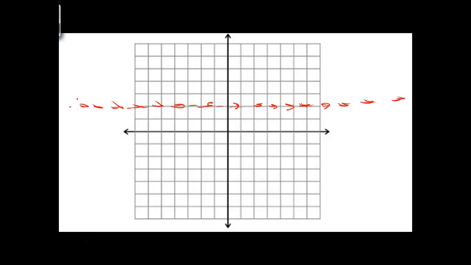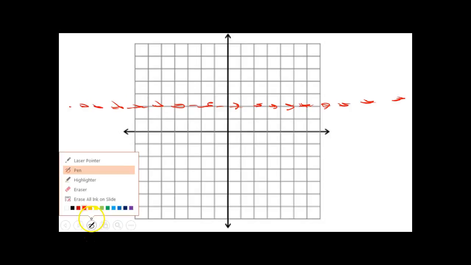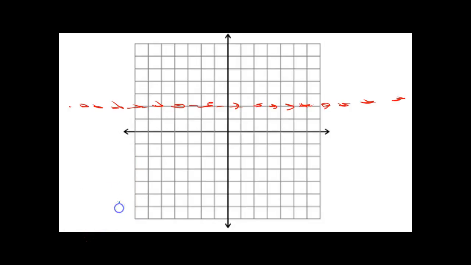Now, if we had done our direction fields elsewhere, and we found that these were all pointing upward, but these were all pointing downward.